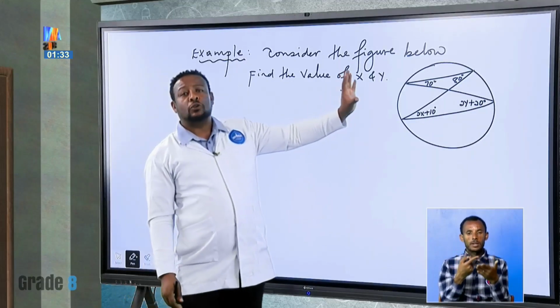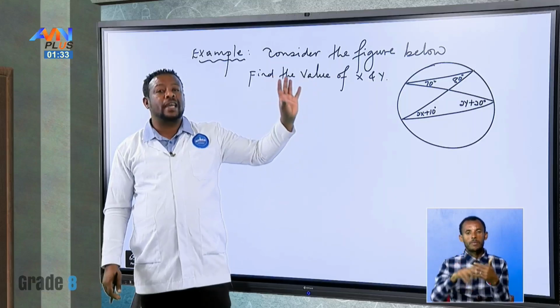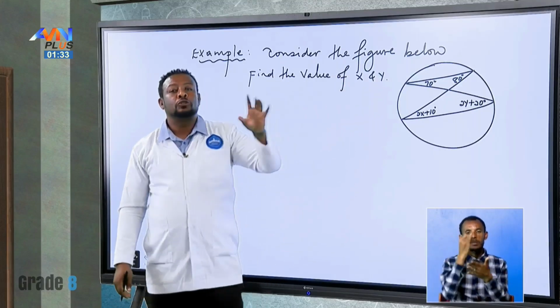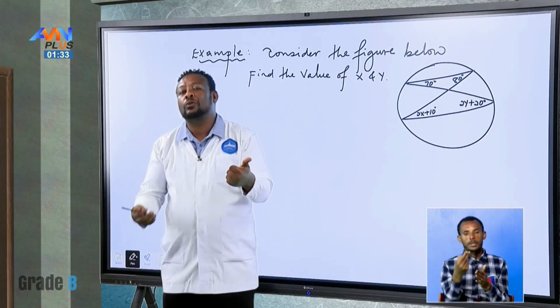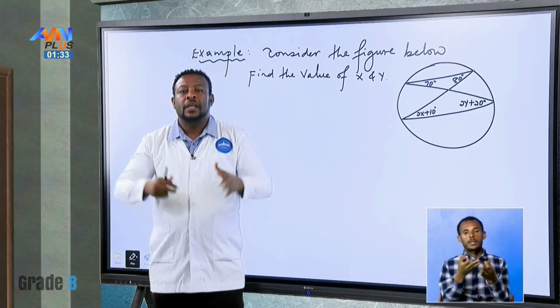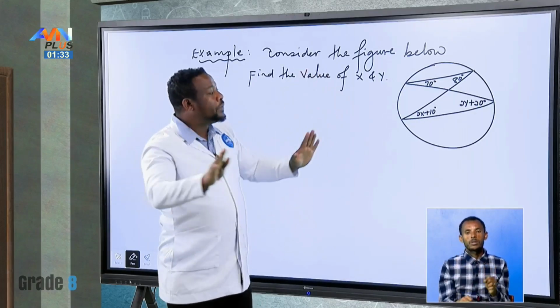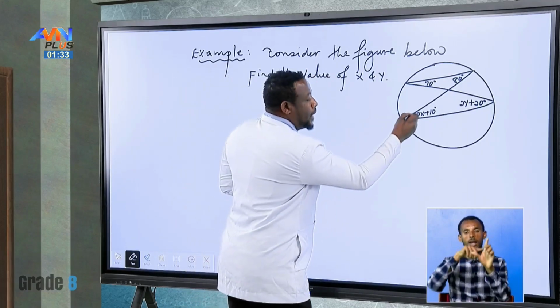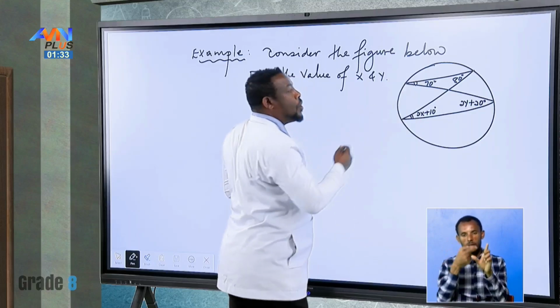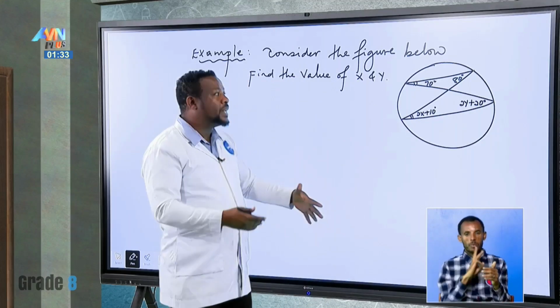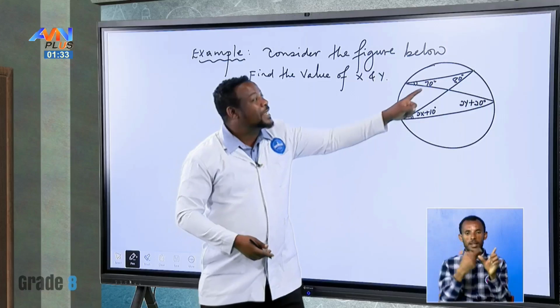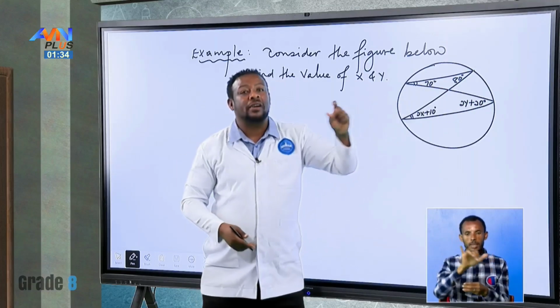Here, to calculate the value of x and y from this figure, you need to apply the theorem that we already stated, right? So clearly this angle and this angle are congruent, because we already proved that angles subtended by the same arc are congruent.